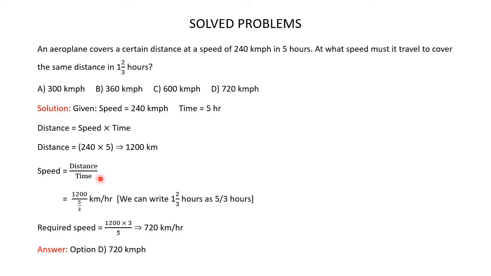Substituting the values, we get speed is equal to 1200 divided by 5 upon 3 kilometers per hour. On solving this, we get the required speed as 720 kilometers per hour. So the correct answer is option D, 720 kilometers per hour.